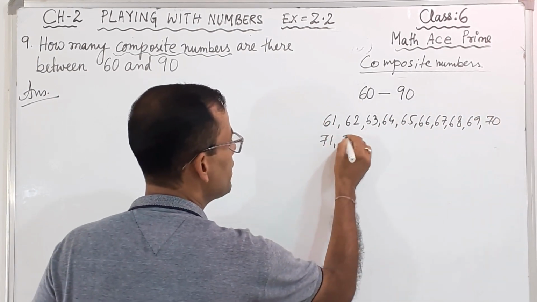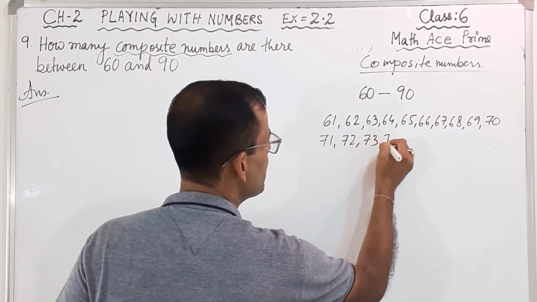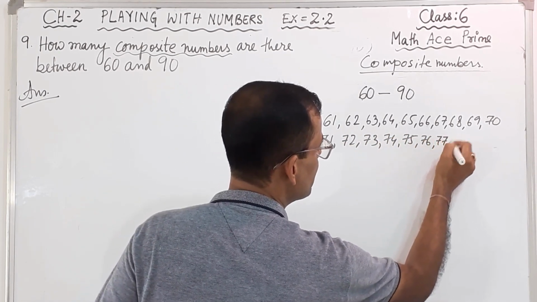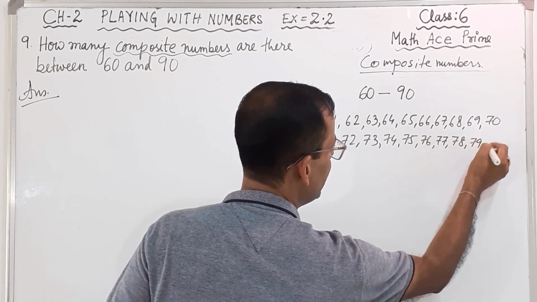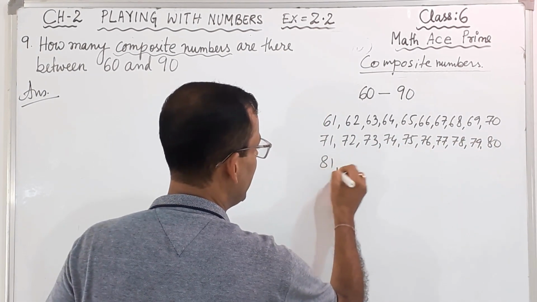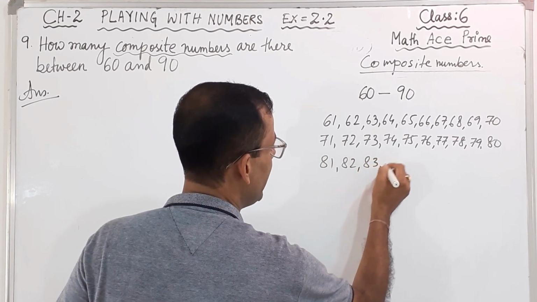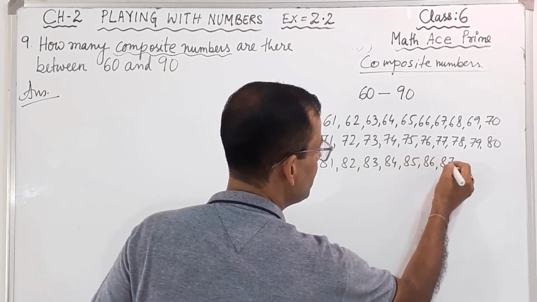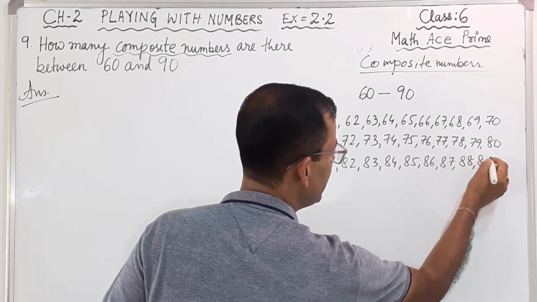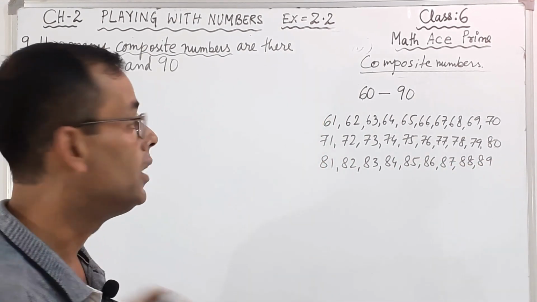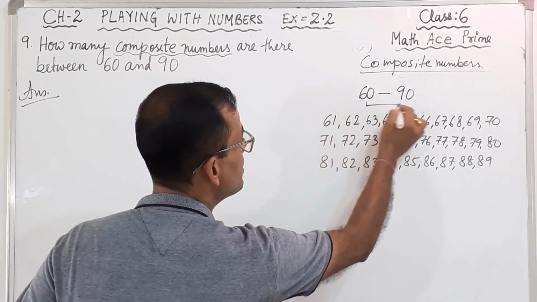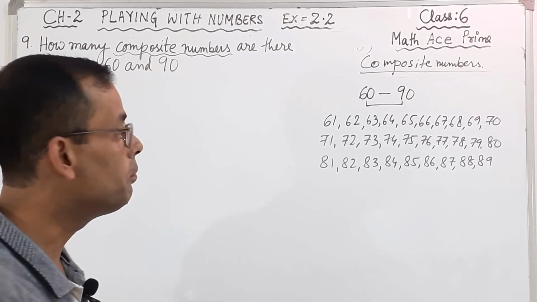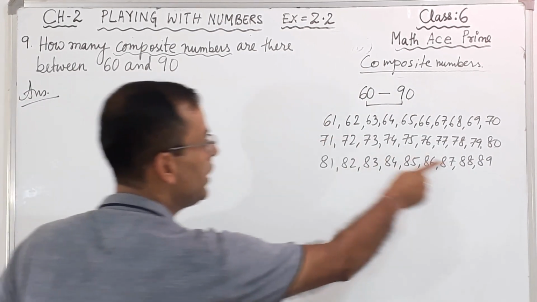Then 71, 72, 73, 74, 75, 76, 77, 78, 79, 80. 81, 82, 83, 84, 85, 86, 87, 88, 89. Only up to 89. We have to take in between 60 and 90. So 60 we will not take, 90 also we will not take. In between 60 and 90, 61 to 89.